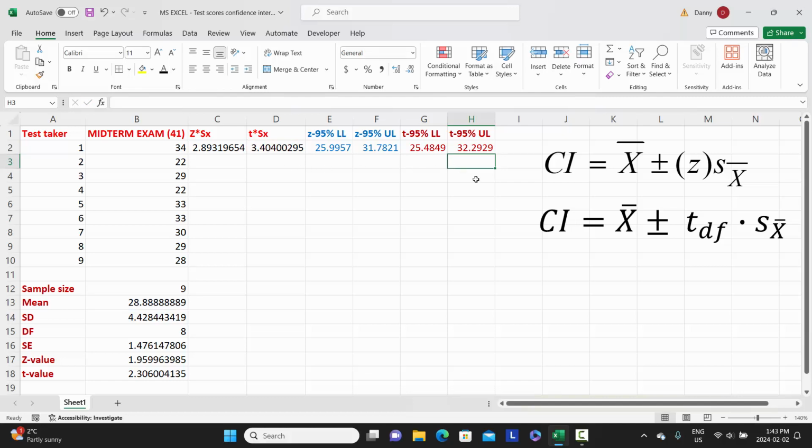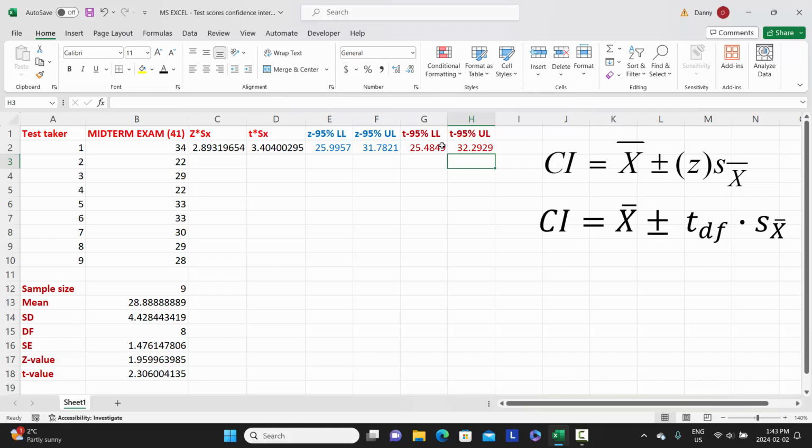So comparably, if we calculate the 95% confidence interval using the t-distribution, and there's justification for doing that because of the small sample size, here we see an interval that ranges from 25.5 to 32.3 compared to the 26 to 31.8 confidence interval when using the z-statistic.